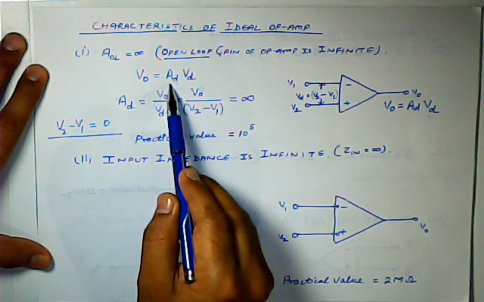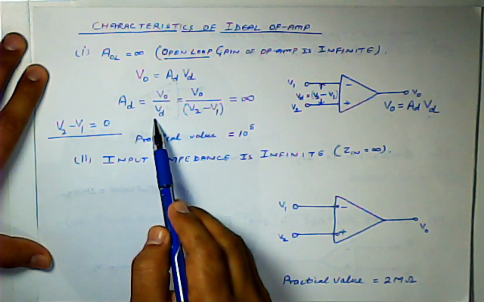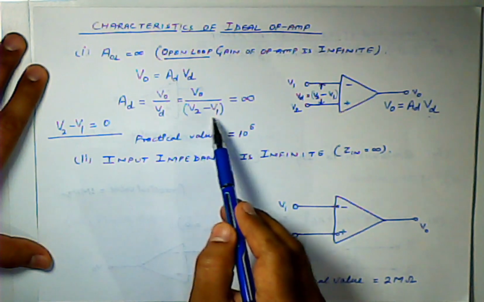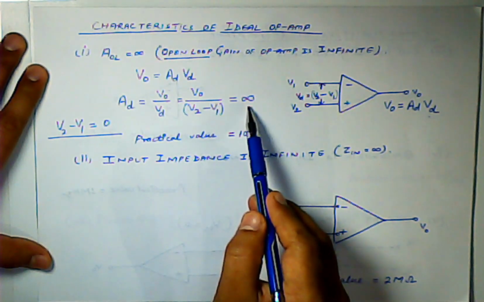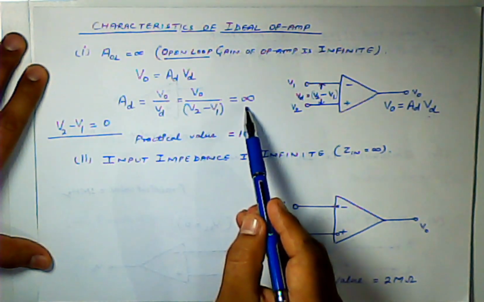So what is the gain term? Gain term AD is V0 upon VD, which is equal to V0 upon V2 minus V1, is equal to infinity. As we are saying, open loop gain is infinite.